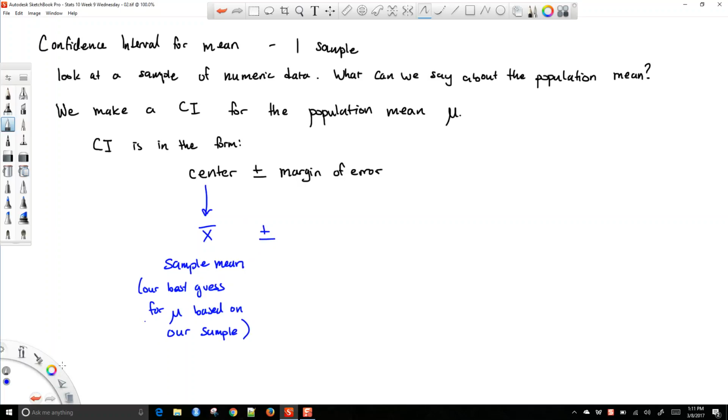And then we do plus or minus. The margin of error gets broken out into a critical value times the standard error. Okay? The critical value is a t star value, and then the standard error is s divided by the square root of n. Okay.